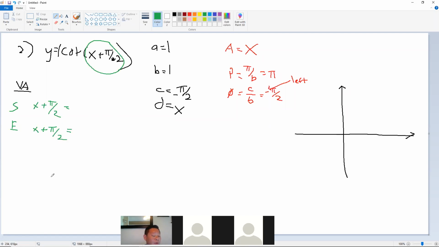So now you need to figure out your cotangent graph. Originally, your cotangent graph is very similar to the tangent graph, but it's the opposite. Can someone tell me what will be the first vertical asymptotes that is close to the y-axis?